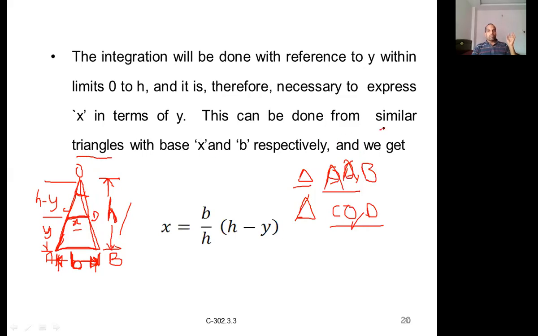From that similar triangle principle, now you calculate x by b.